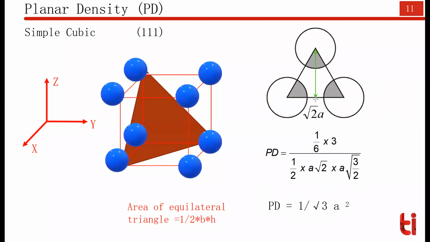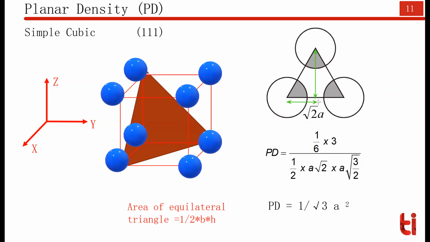this. So what you can do is, we know the total length of the base is under root 2a. So I can find this particular length as half of it, which is equal to under root 2a divided by 2, or you can say it is a by root 2.